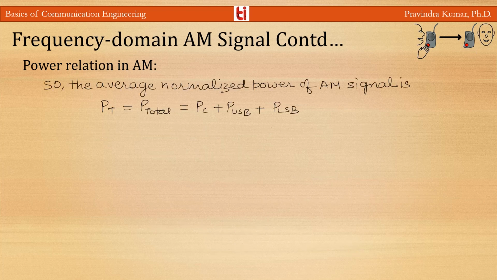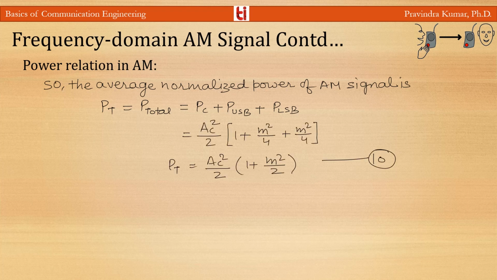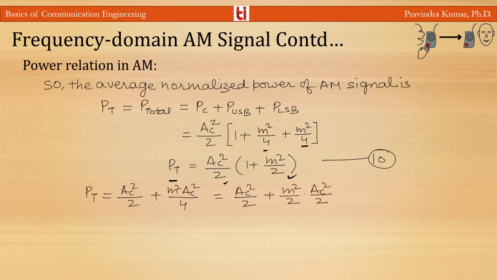So the total power PT will be Pc plus P USB plus P LSB, and it will be equal to Ac square by 2 times (1 plus m square by 4 plus m square by 4), or you can write PT equal to Ac square by 2 times (1 plus m square by 2). And we can write PT is Ac square by 2 plus m square Ac square by 4, or we can write Ac square by 2 plus m square by 2 times Ac square by 2.